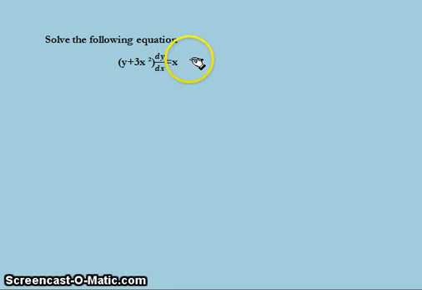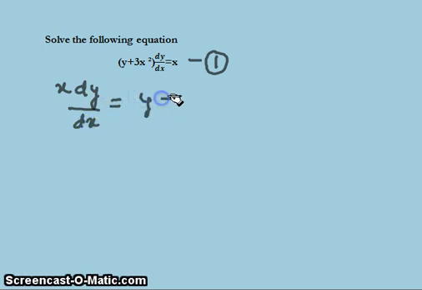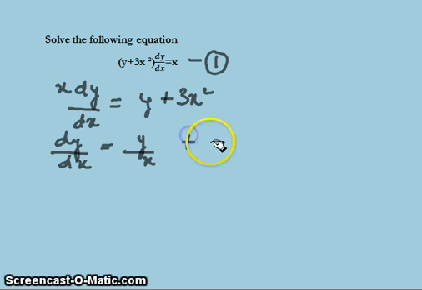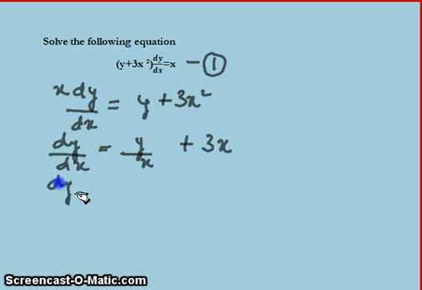Next we have another problem, which has y plus 3x squared equal to x dy by dx. Let's label this as equation number 1. Now this equation can be rewritten as x dy by dx is equal to y plus 3x square, or dy by dx is equal to y by x plus 3x, or we may rewrite it as dy by dx minus 1 by x into y is equal to 3x.